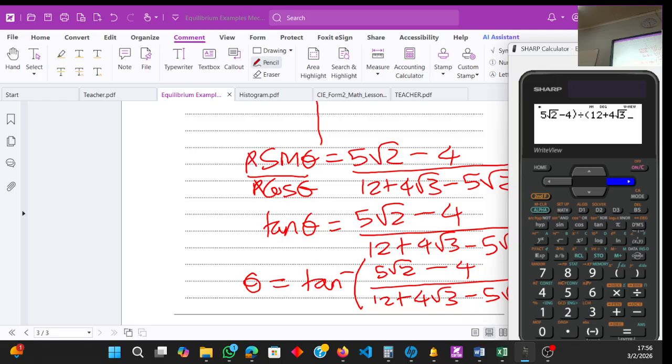I move out of the root sign. There's minus 5 root of 2 coming from the special angle. I close the denominator bracket and the overall bigger one. If I say equal, then I have the value of theta as 14.5.